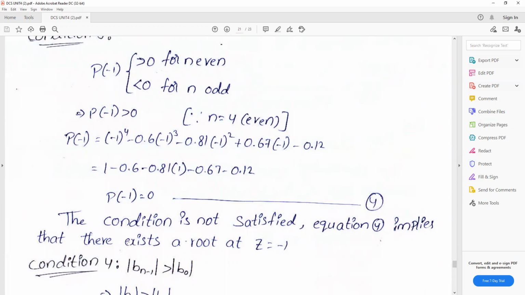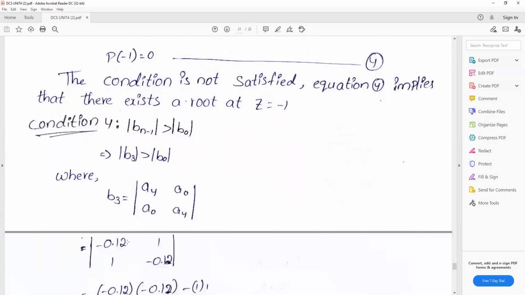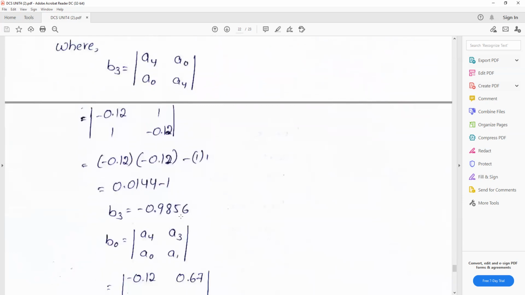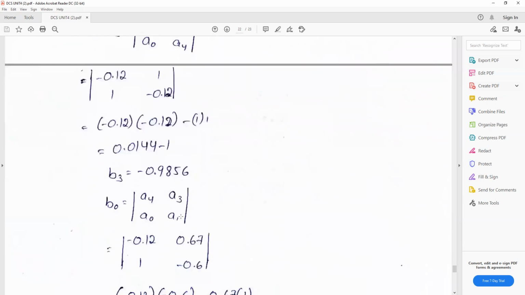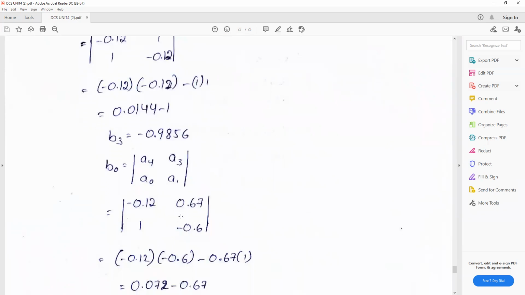And the fourth condition is modulus of B3 is greater than modulus of B0. So for B3, take the highest coefficient A4 and lowest coefficient A0: A0, A4, A4, A0. Take all 4 values and calculate B3. B0 is A4, A0, A3, A1.